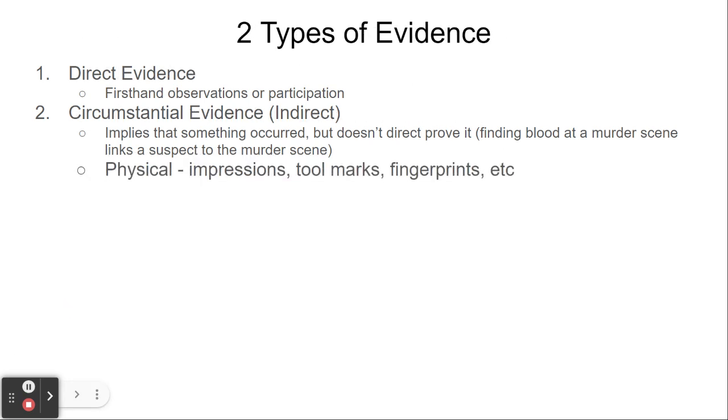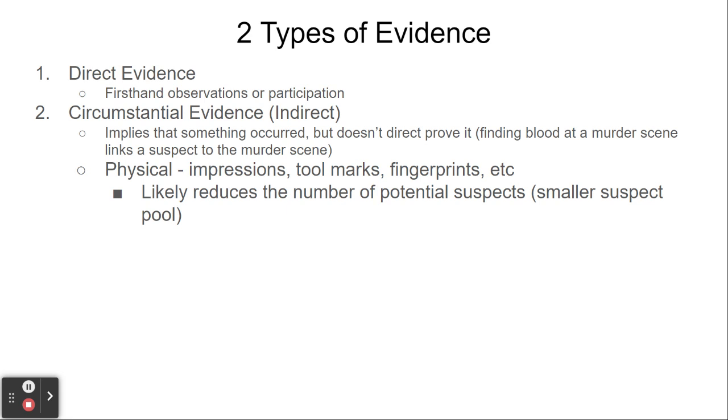So some of the different types of circumstantial evidence, physical circumstantial evidence, could be impressions that have been left. We'll talk about impressions as we make our way through some of our subsequent units, especially when we look at tool mark stuff. Fingerprints are all examples of that. Your physical evidence should cut down on the number of potential suspects, ideally and hopefully, again depending upon what it is that you've collected.